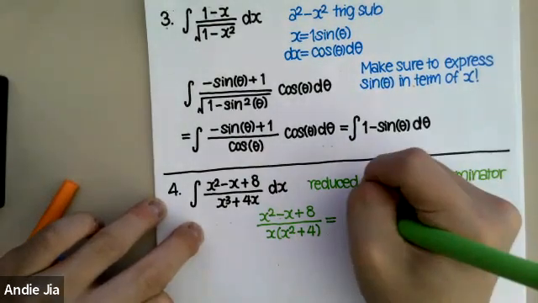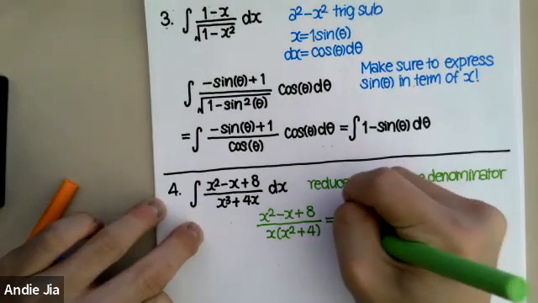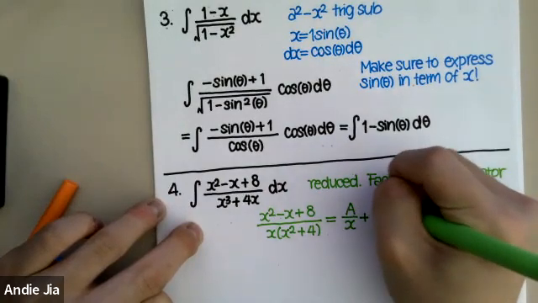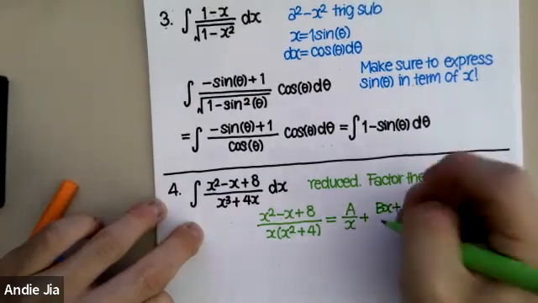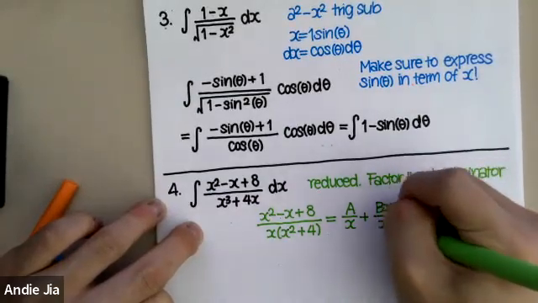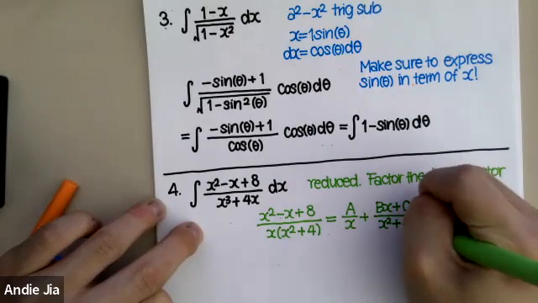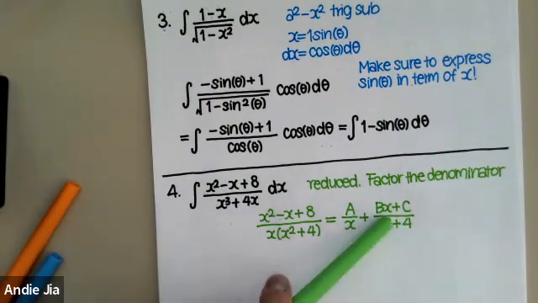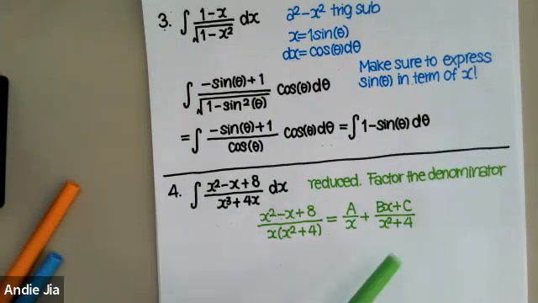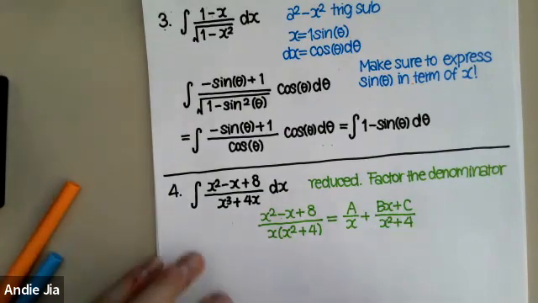So what we should do is a over x, and then plus bx plus c over x squared plus 4. Then we multiply it out and solve for a, b, and c. Then do u substitution if it's necessary, because you might need a u substitution here. So you just do u substitution.